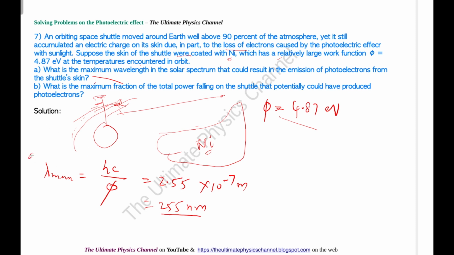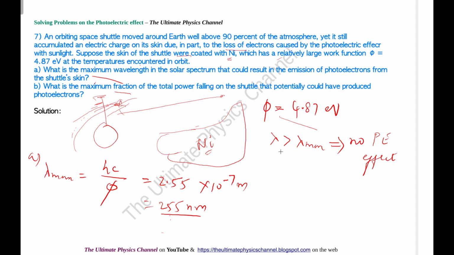The second part is, what is the maximum fraction of the total power falling on the shuttle that could potentially have produced photoelectrons? In order to solve this, you should know that for any wavelength lambda greater than lambda max, no photoelectric effect can occur.